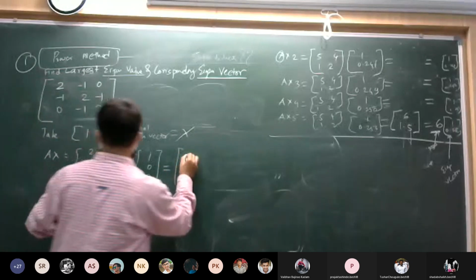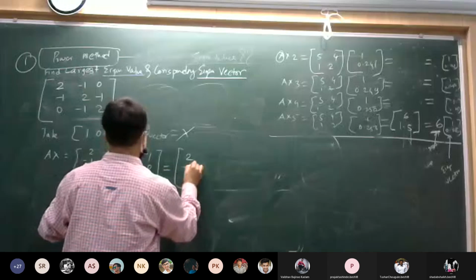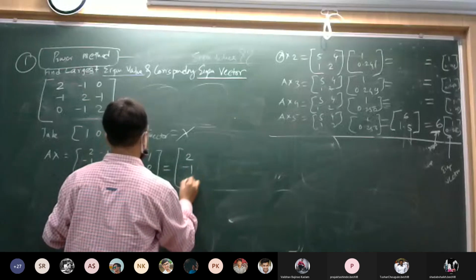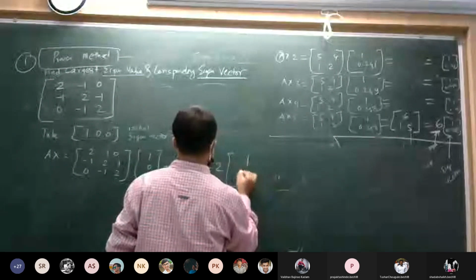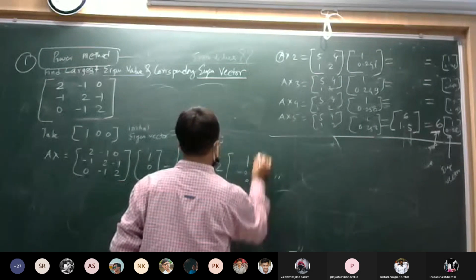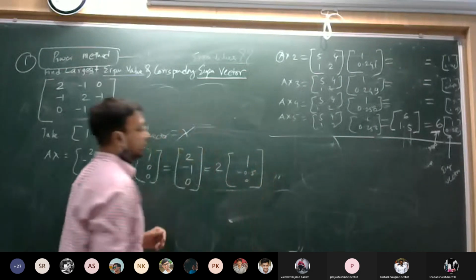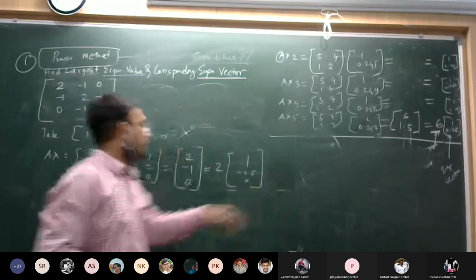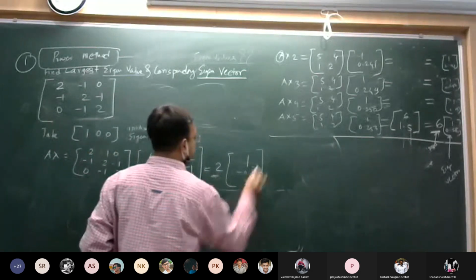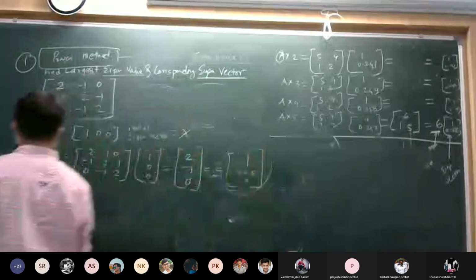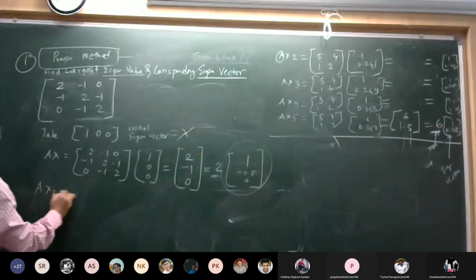That would be 2, then -1, then 0. Taking the 2 out, we get 1, -0.5, 0. This would be new lambda x, so this will be the largest eigenvalue and this will be the vector. So now calculate A into x1.